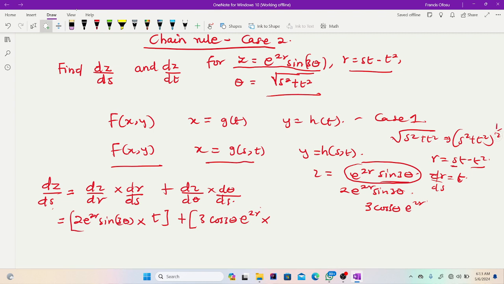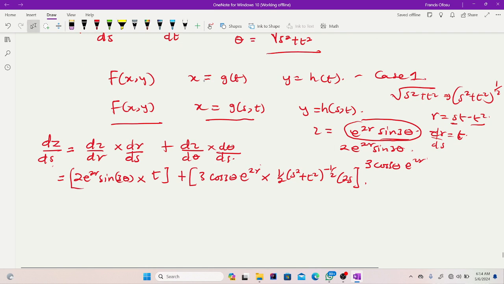To differentiate this with respect to s, I simply consider my t as a constant, but this is still a composite function. So I will differentiate the entire function as negative half times s squared plus t squared to the power negative half. Then you differentiate what is inside, so you multiply by 2s.